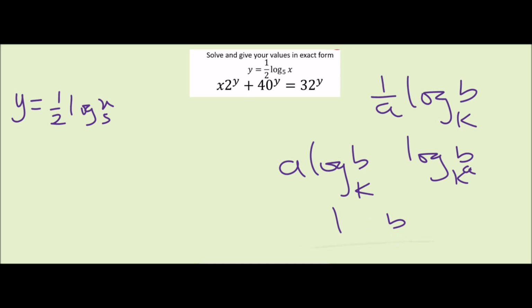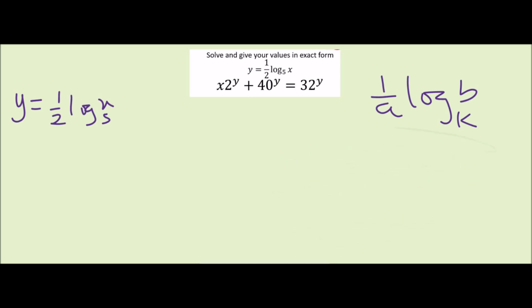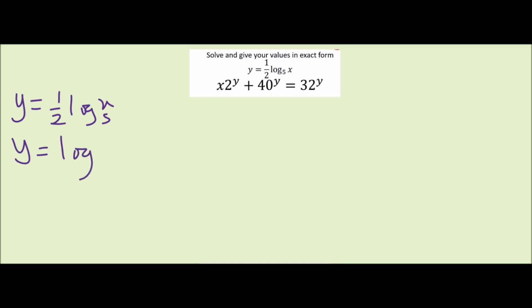Now, in using that to express x in terms of y, I'm going to have y equal log x base 5 to the power of 2. It's easier for me to get rid of the base now. This is 25.